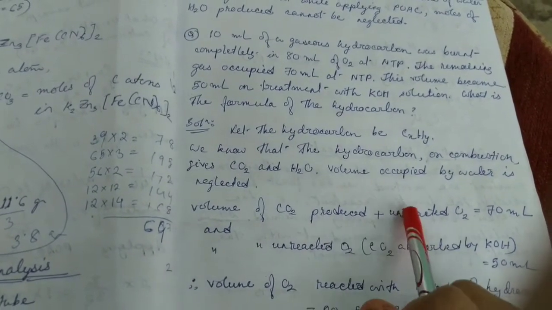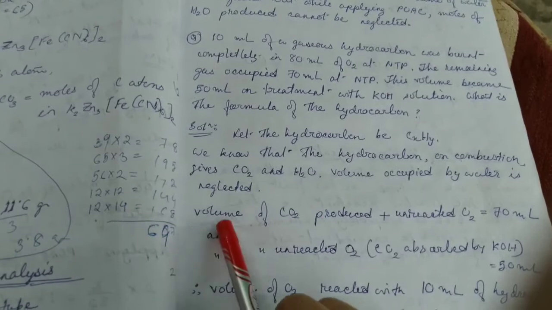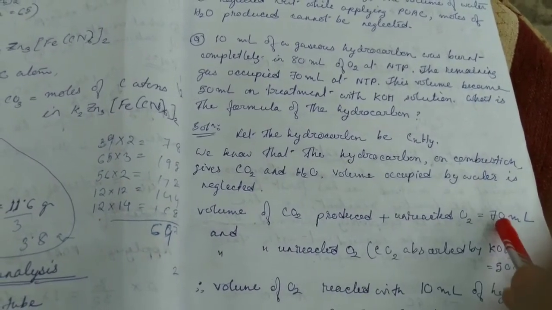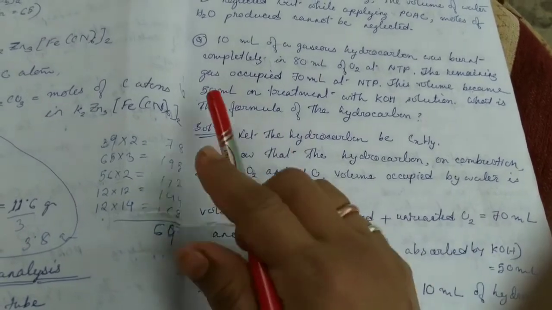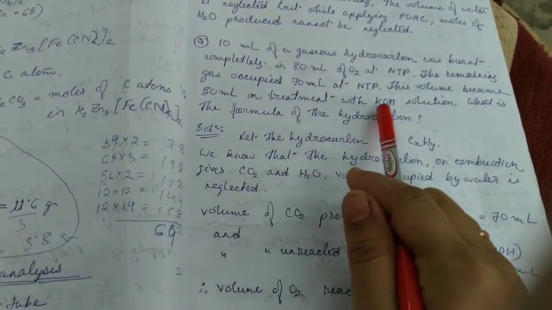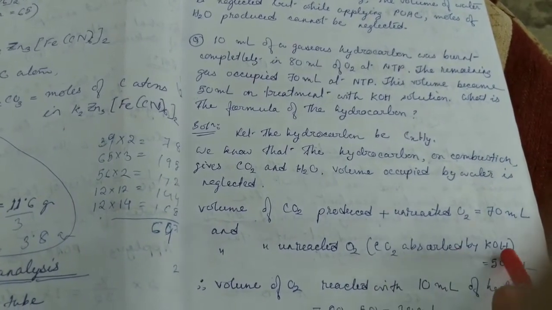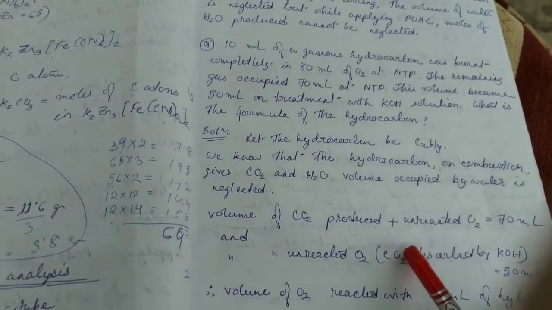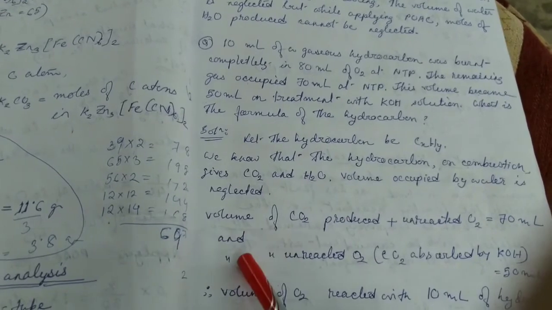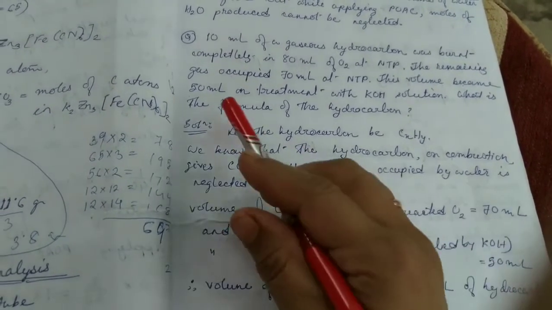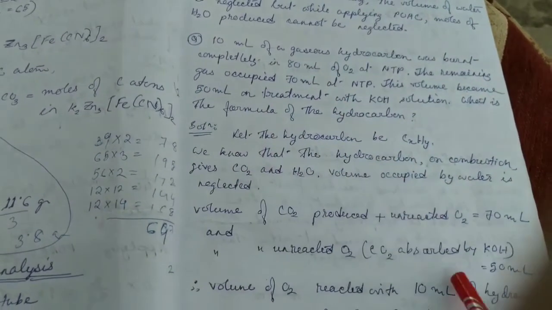So there will be some unreacted oxygen, and obviously CO2 has been produced, and both together equal 70 ml. But it is told that it has become 50 ml on treatment with KOH. That means CO2 has been adsorbed by KOH. So the volume of unreacted oxygen is equal to 50 ml.